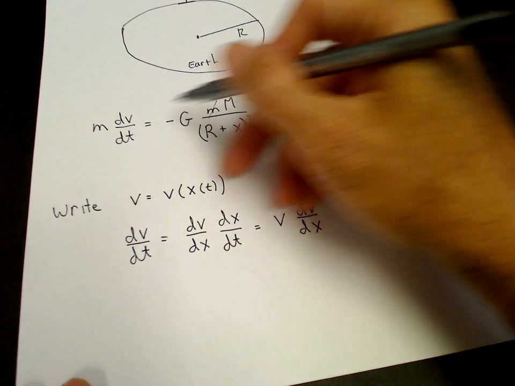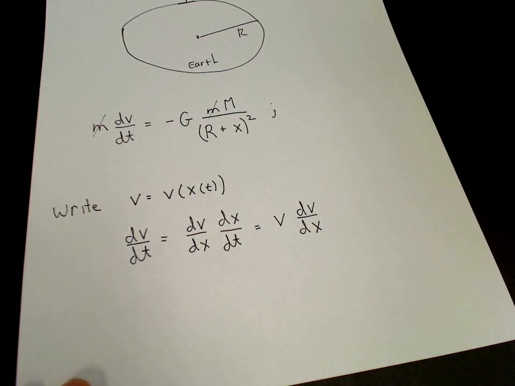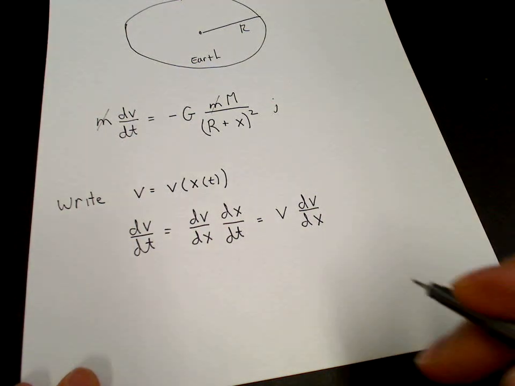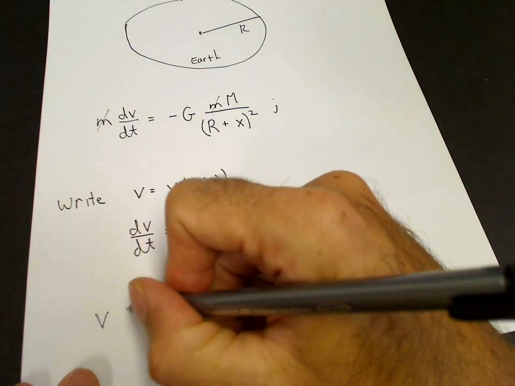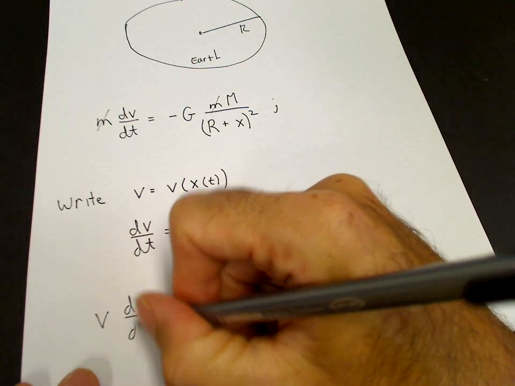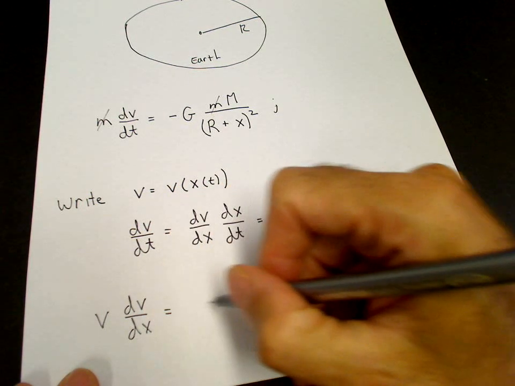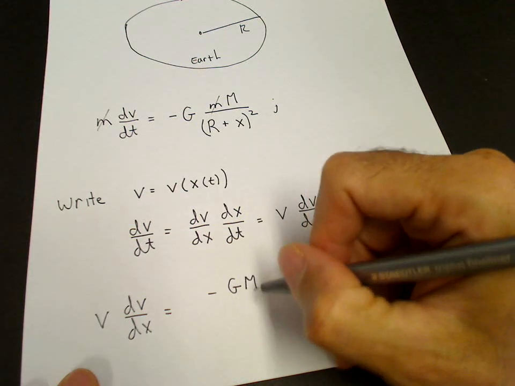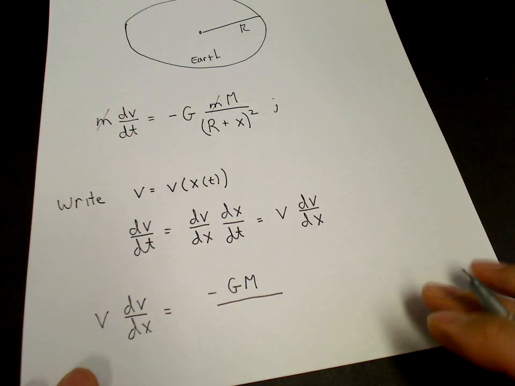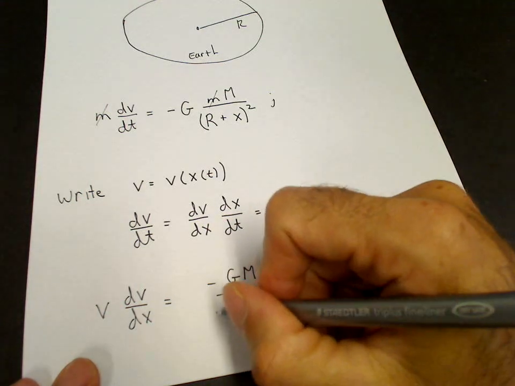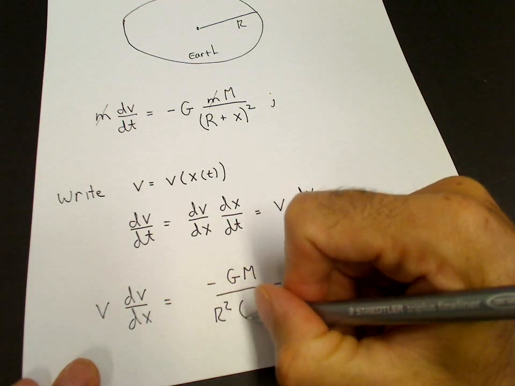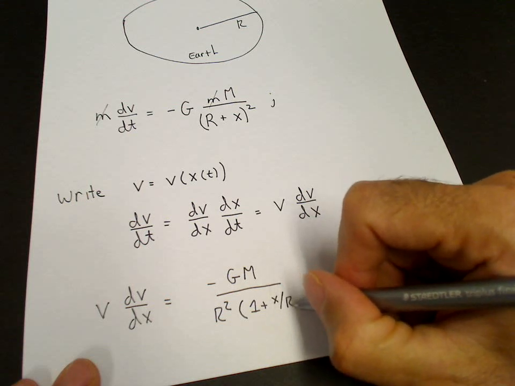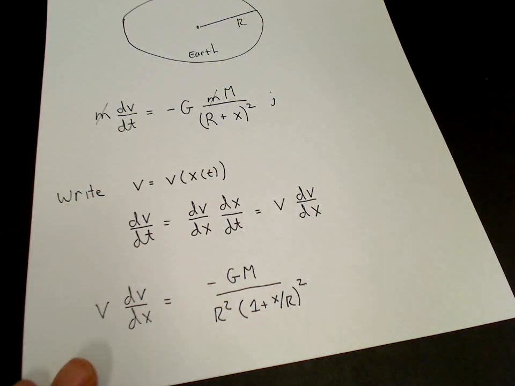Remember, we cancel m, right? We can replace dv/dt by v dv/dx, and that's equal to minus GM, and then I will factor out an R squared, so R squared times 1 plus x over R, squared.